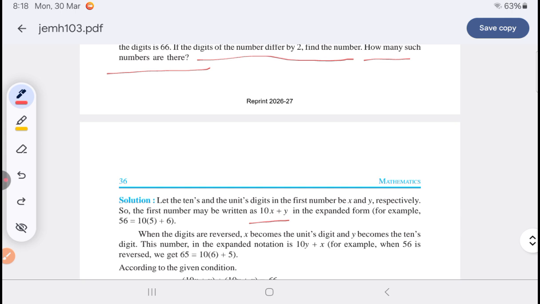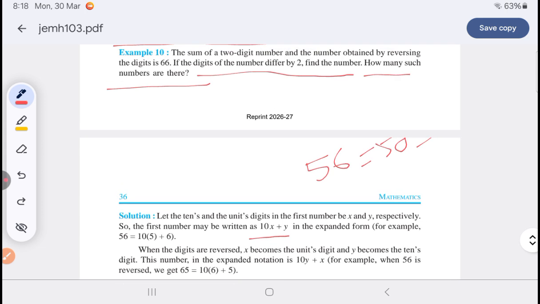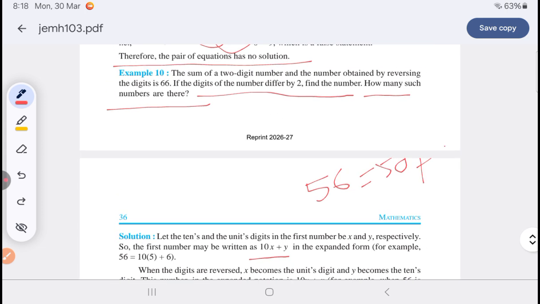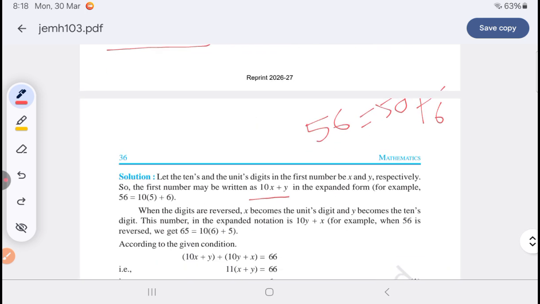To understand this, how can 56 be written? 50 plus 6. So the unit digit is 6, and the tens place is 5 into 10.